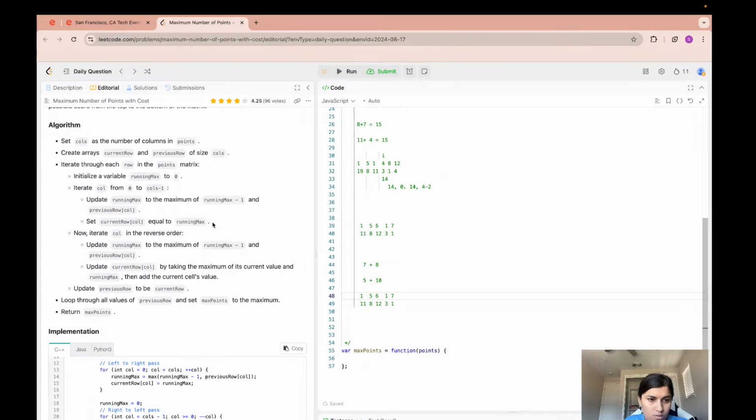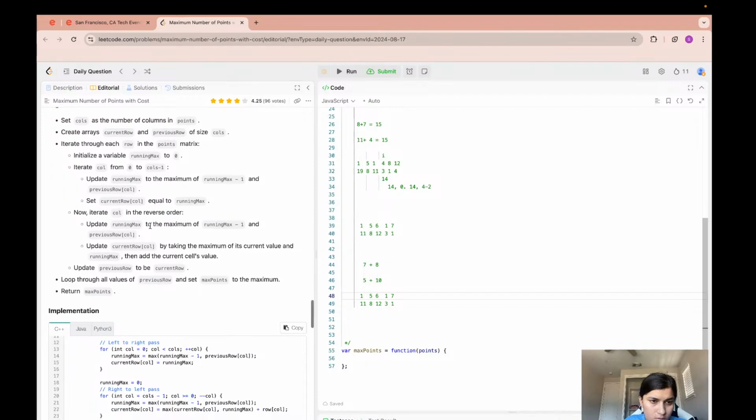Set current row column equal to running max, and then iterate over the columns in reverse order. Update running max to the maximum of running max minus 1 and previous row column, and then update current row by taking the maximum of its current value and running max. Update previous row to the current row, then loop through all the values of previous row, set maximum points to the maximum, and return maximum points.